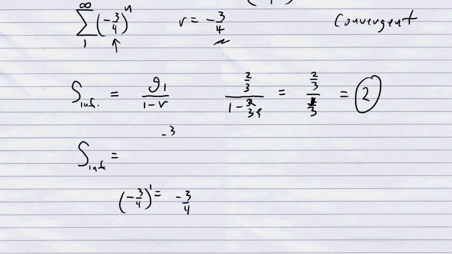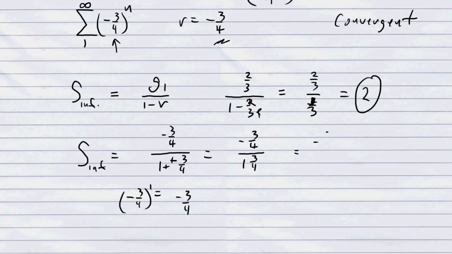So I put -3/4 up on top, and then 1 minus negative 3/4 on the bottom. 1 minus negative means we add the opposite, 1 plus 3/4, which is 1 3/4, or 7/4.